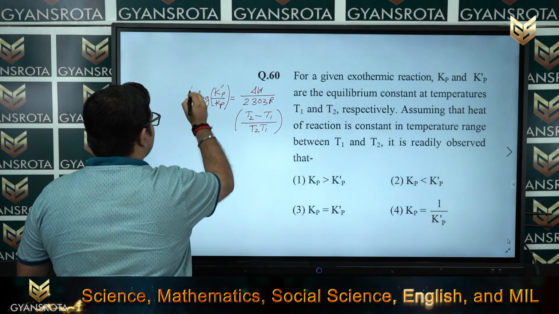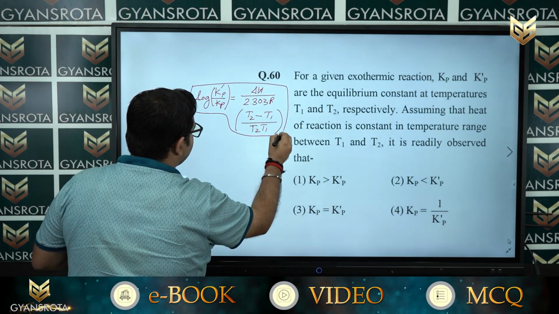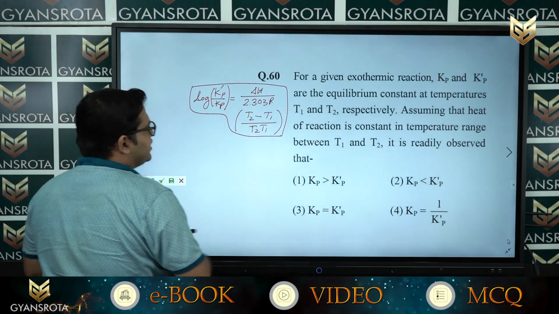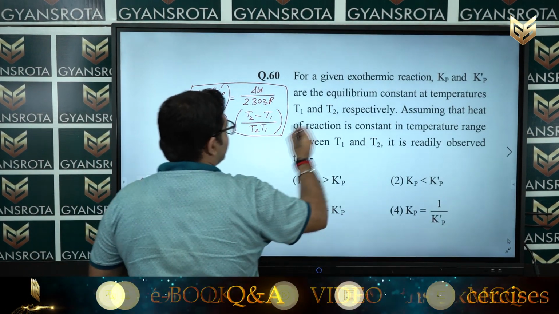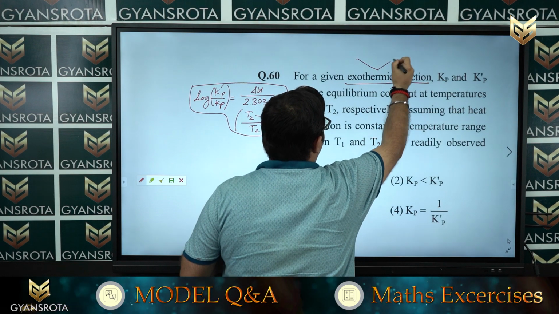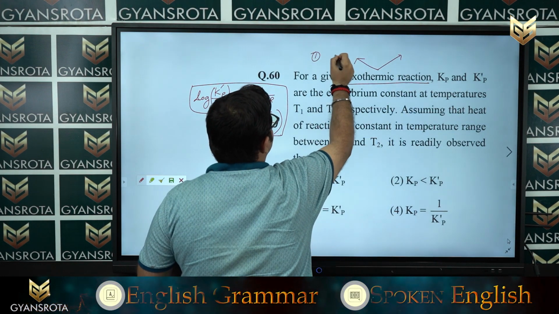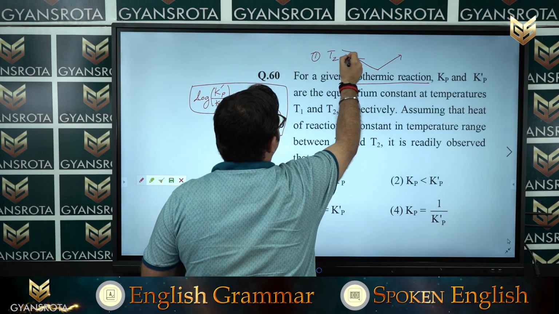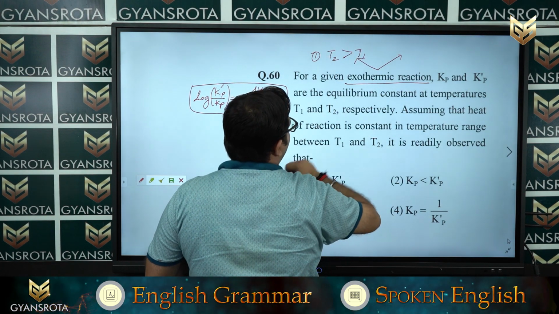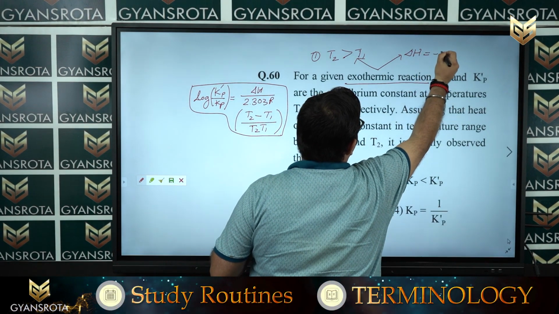So, we are going to use this formula to solve this problem. Now, it is an exothermic reaction. For an exothermic reaction we have two conditions: the first is that T2 is greater than T1, and the other is that delta H is negative.